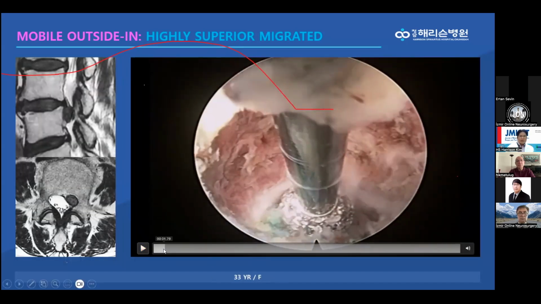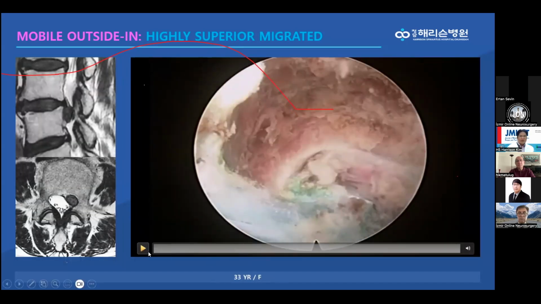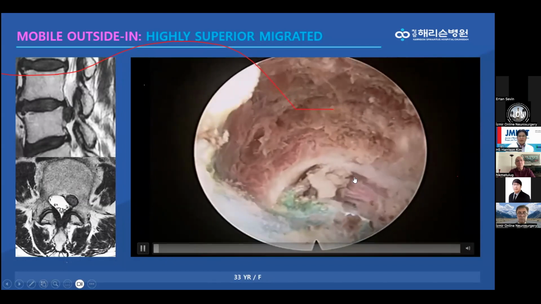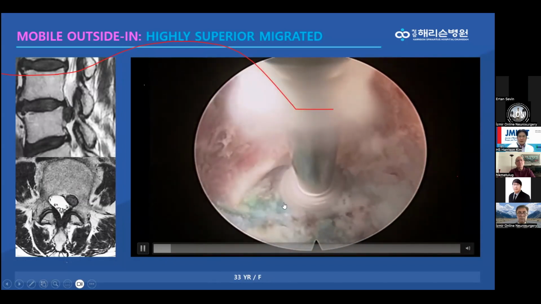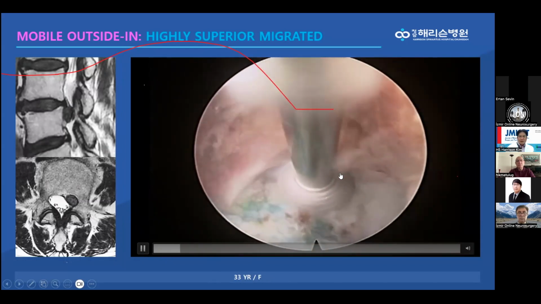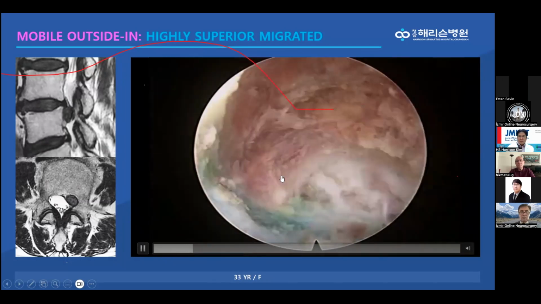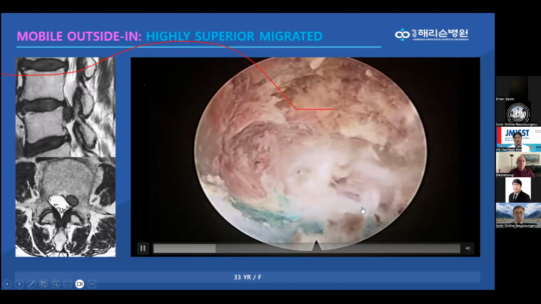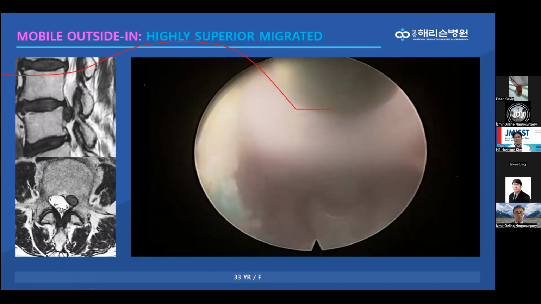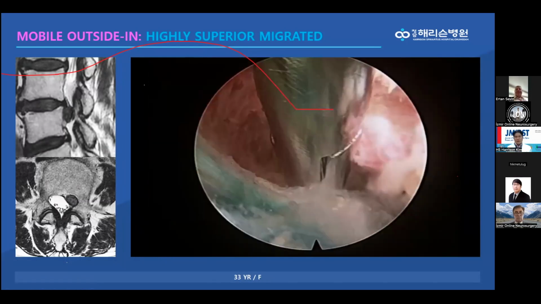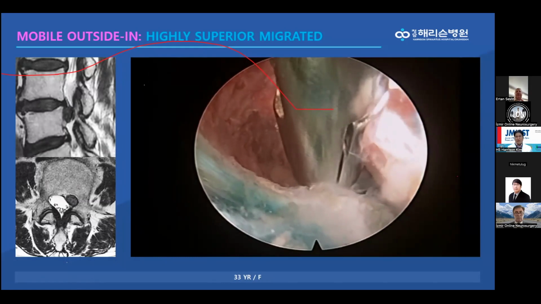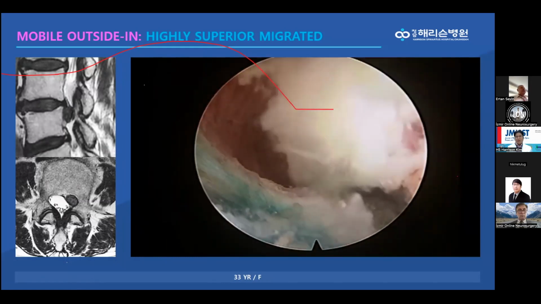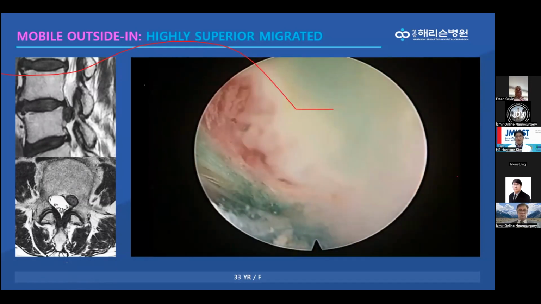And another case of a highly inferior migrated disc. Firstly, exposing the suprapedicular notch, then sometimes going through the facet, pedicle, vertebral body. That is the suprapedicular circumferential opening technique. Then you can see it like this.